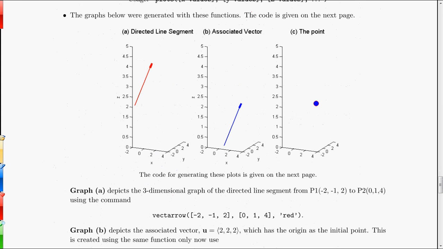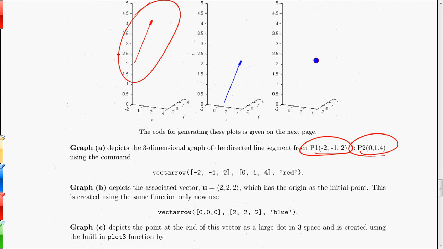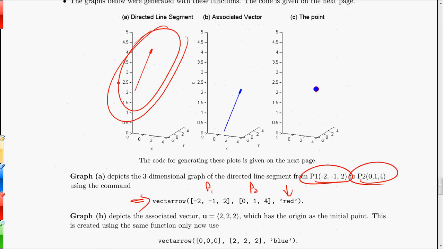This first one is a directed line segment from P1 to P2. The way you do that in MATLAB is you use that vectaro command. Make sure that function file is residing in the same folder you're currently working in. There's P1, there's P2, there's my color. It creates a vector that starts at P1 and terminates at P2.